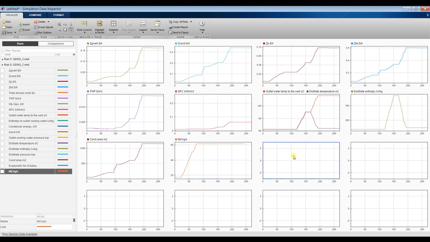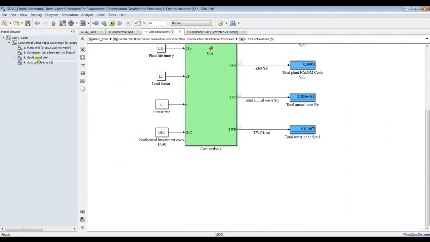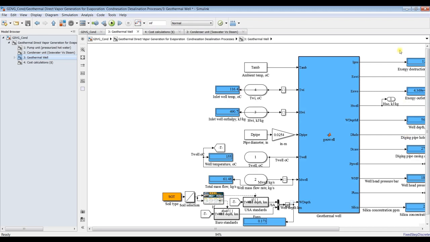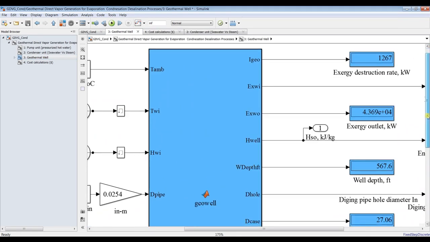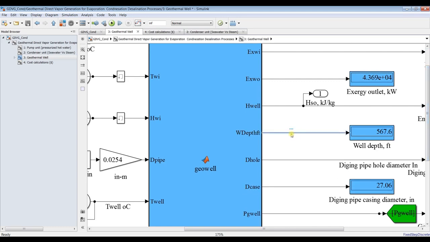I forgot to discover the effect on results, so let's close this one. Let's go to the geothermal well and assign some outputs here. Suppose I'm going for well depth, so you have to check this one, double clicking, in feet.